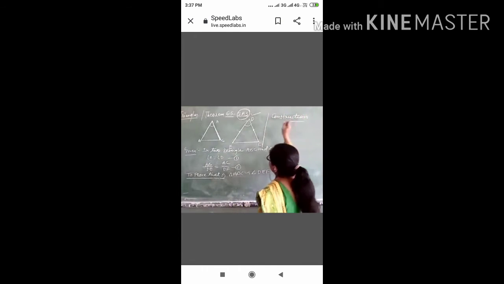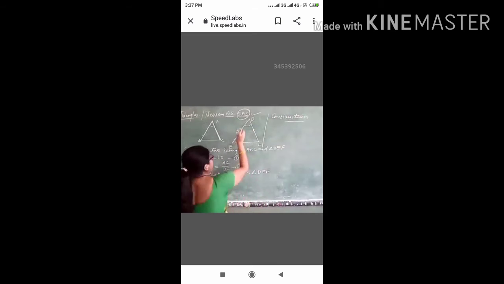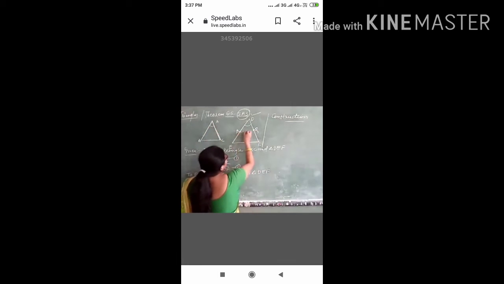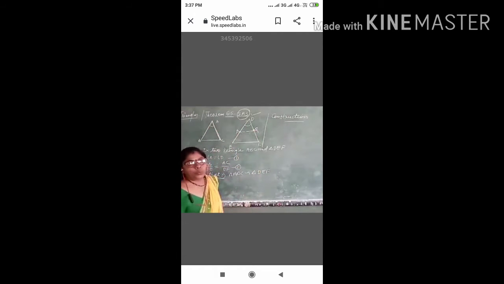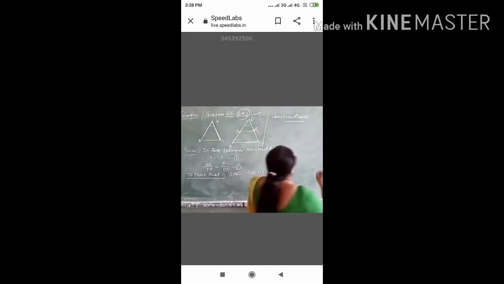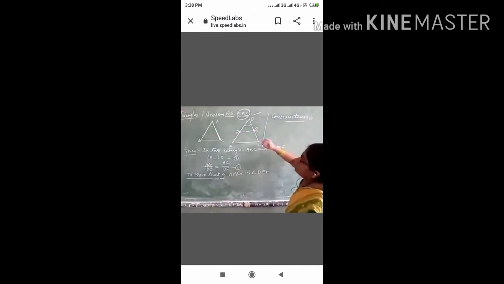What construction do we take? Take the 2 points P and Q on the sides DE and DF, such that DP is equal to AB and DQ is equal to AC, and after that we join PQ. Okay. So let us see the construction here. What is the construction?